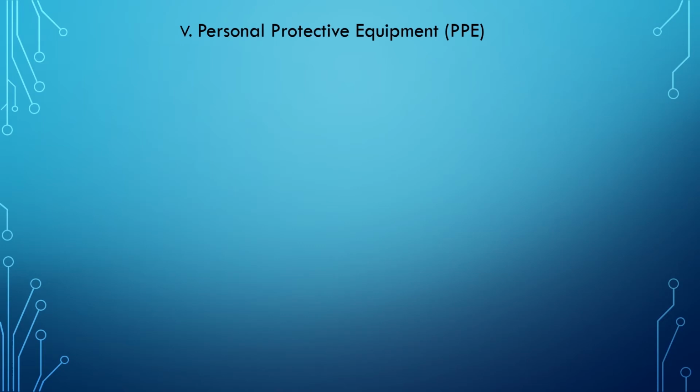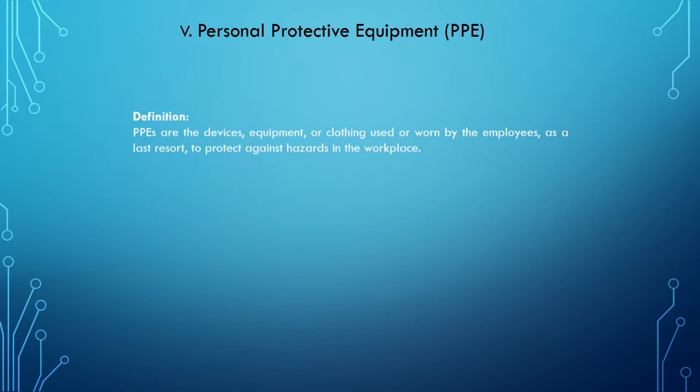Personal protective equipment. Personal protective equipments are the devices, equipment, or clothing used or worn by the employees as the last resort to protect against hazards in the workplace. Categories of PPEs.